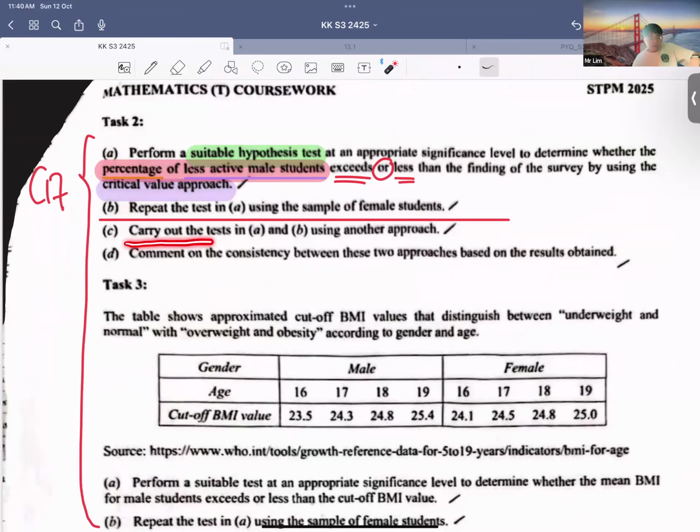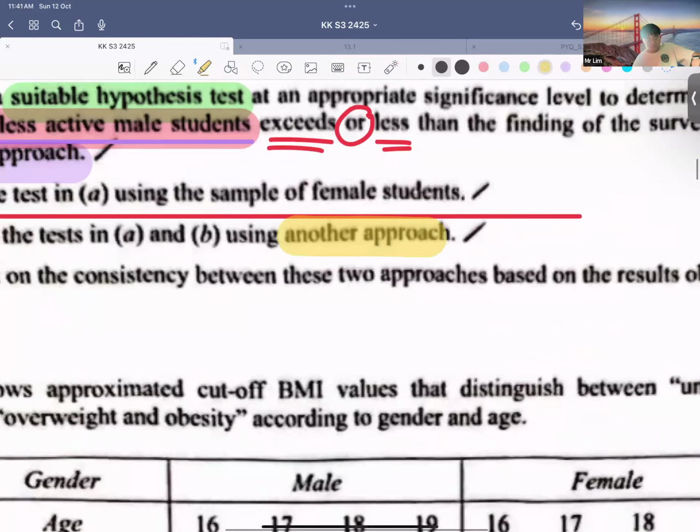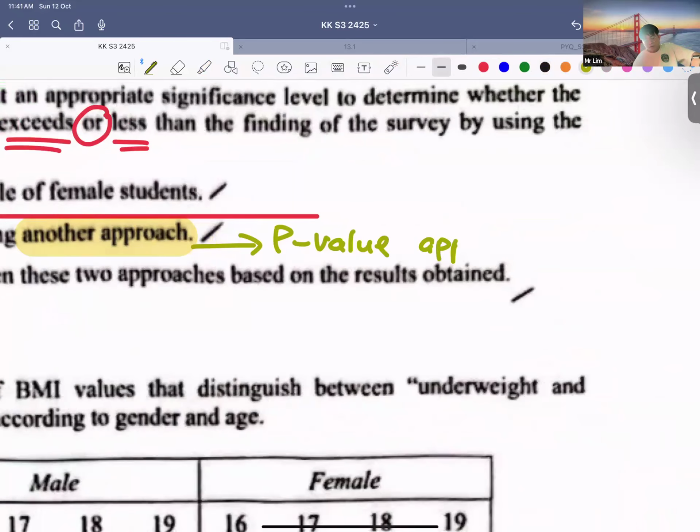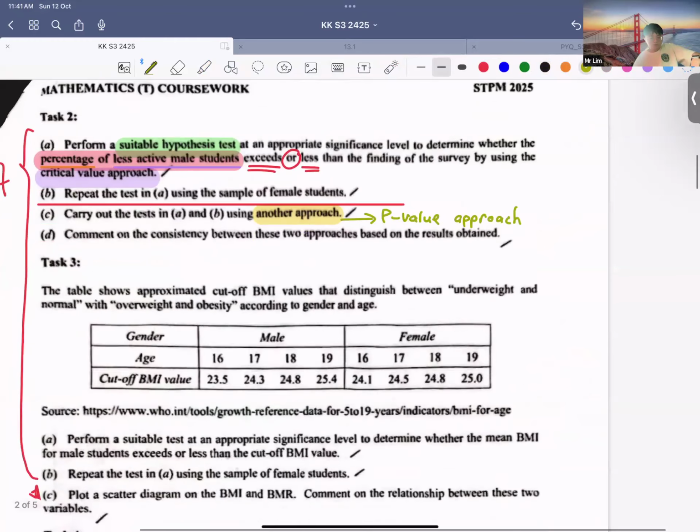Now, carry out the test in A and B using another approach. So this one will be in part 2. Here, what they mean by another approach is your p-value method. P-value approach. Okay, p-value method or p-value approach.